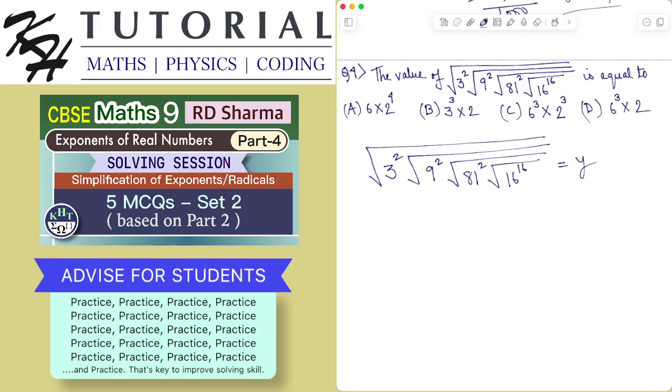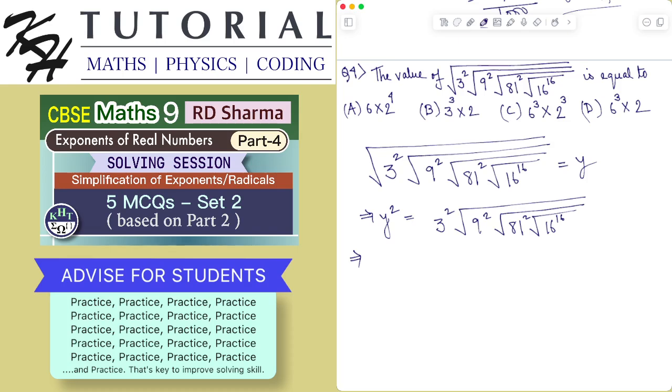Now if I take square on both the sides, I will get y square is equal to 3 square multiplied by 9 square multiplied by square root of 81 square multiplied by 16 to the power 16. So on the right hand side we have 3 square multiplied by some square root term.